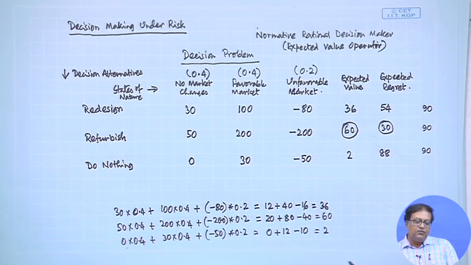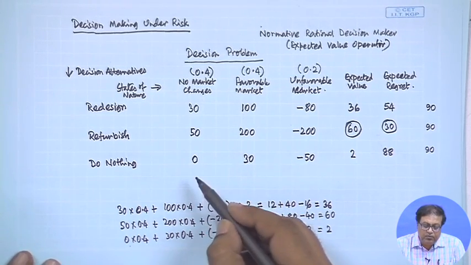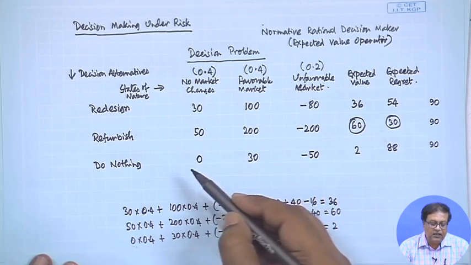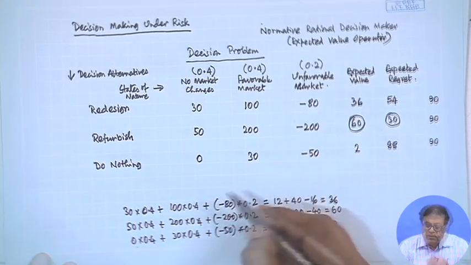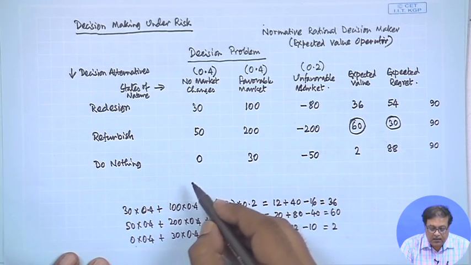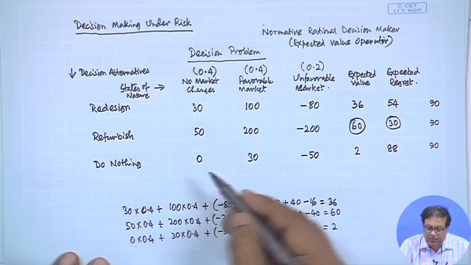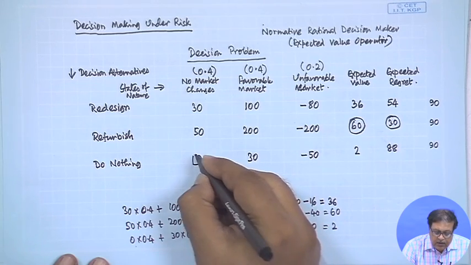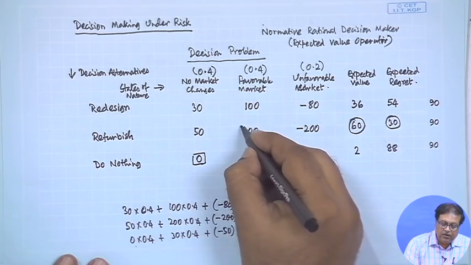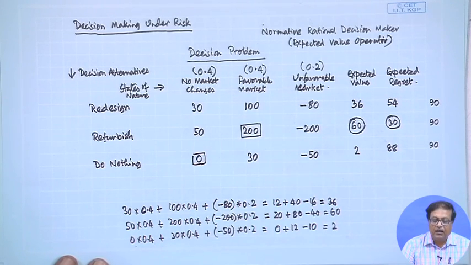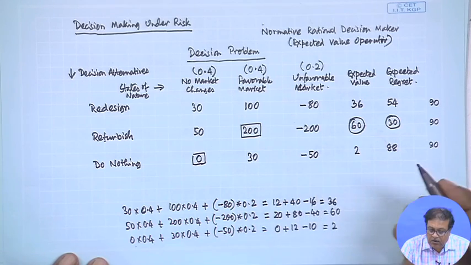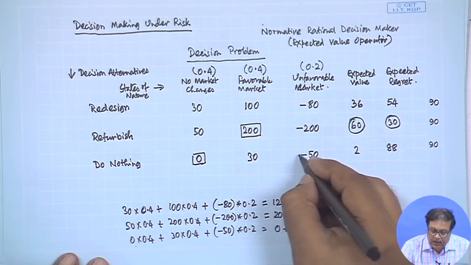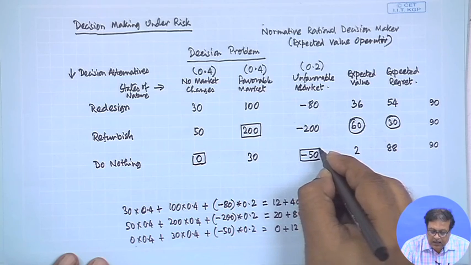If you look at it from another point of view, assuming perfect information was available, then the person would have really gone for a decision like do nothing if there are no market changes, and the person could have gone for refurbish for a favorable market situation, and do nothing for an unfavorable market situation.